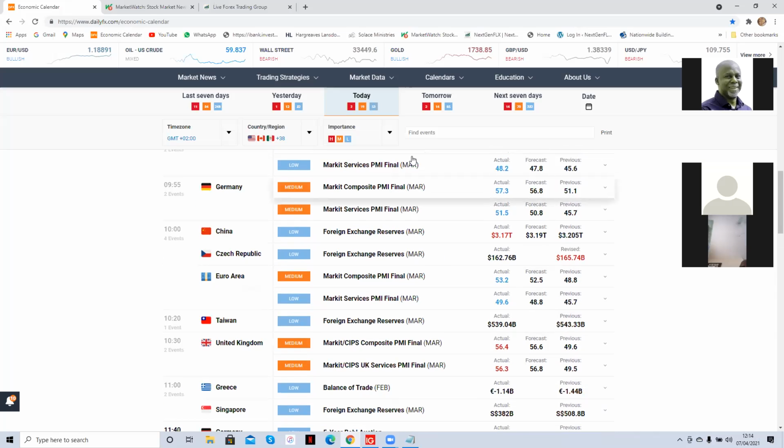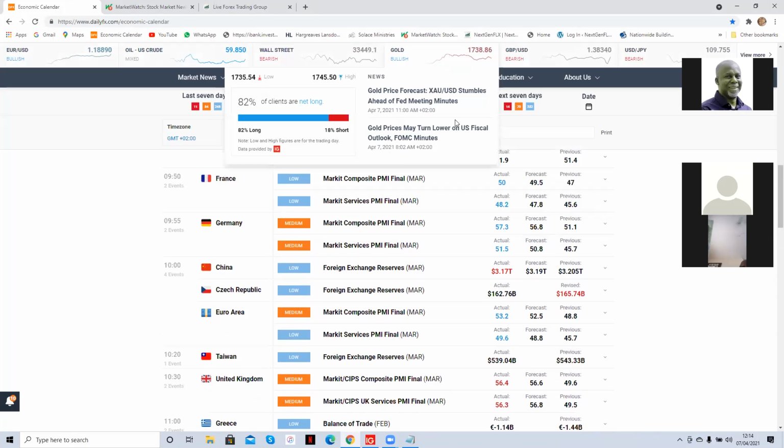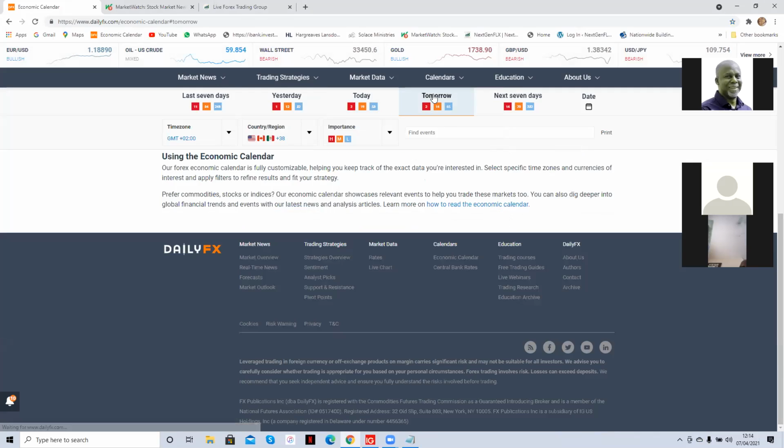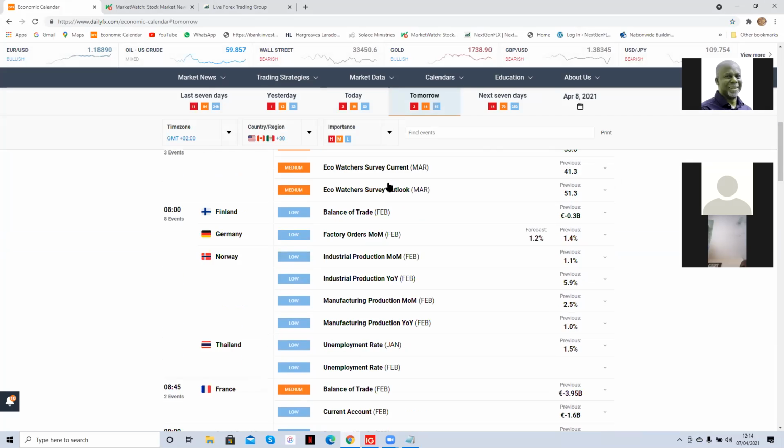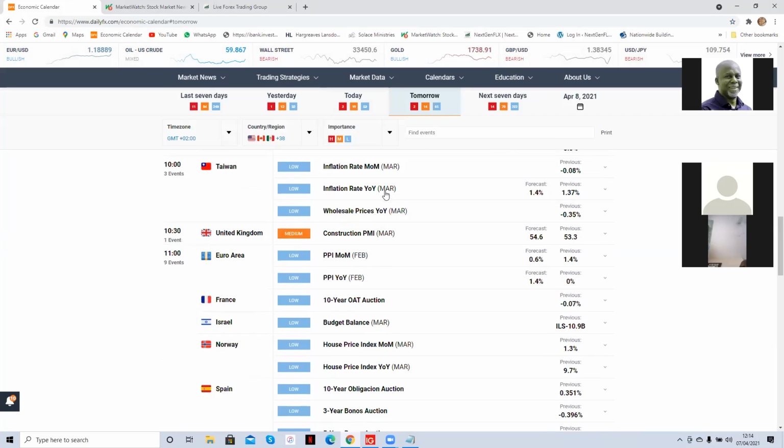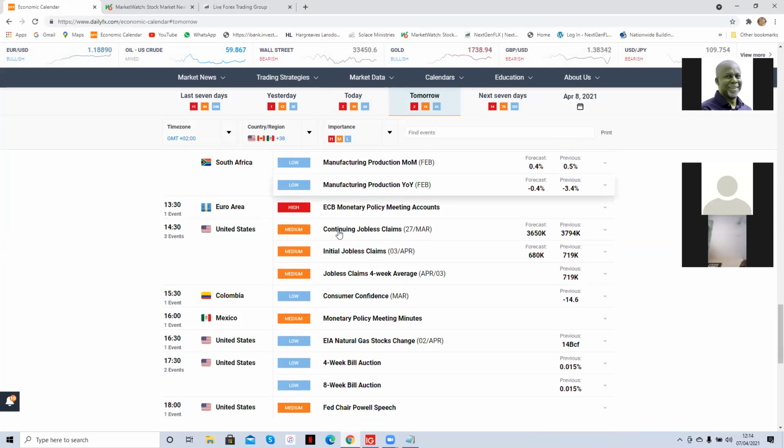Interestingly, we have the same thing tomorrow: the European Monetary Policy Meeting accounts at 1:30. That's more to do with currencies paired with the euro.